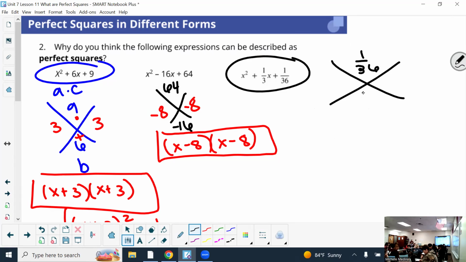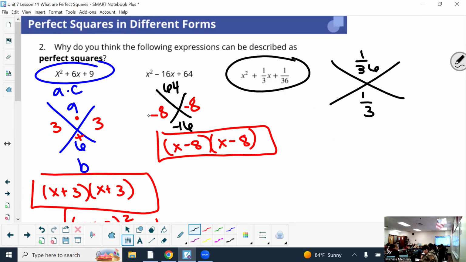And my b term, the bottom number is 1/3. We're looking for numbers that multiply to the top and add to the bottom. And for the perfect square method, ideally it would be the same numbers. So hopefully you know your rules for multiplying fractions. You just multiply straight across.